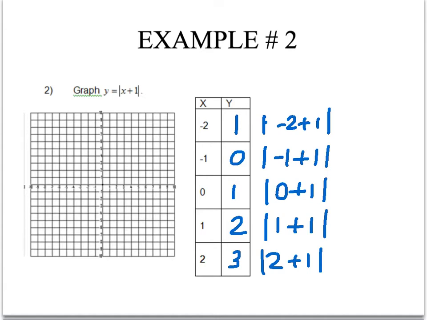We plot those points, and you see a slightly different graph. And we label it y equals the absolute value of the expression x plus 1.